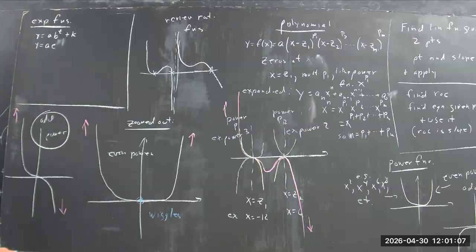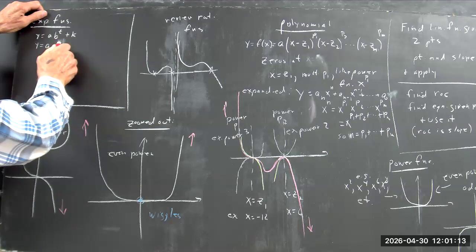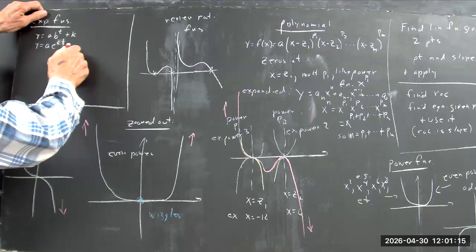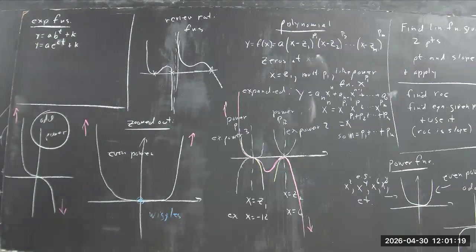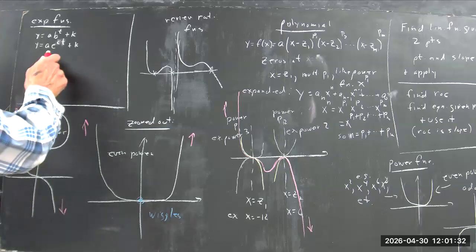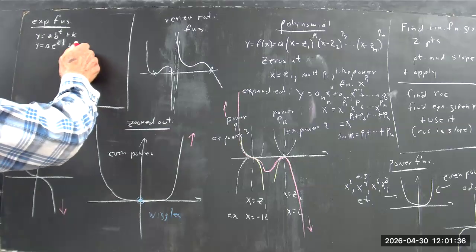We typically use k for the number in front of t, and I'm going to use a c because we also use k with a vertical shift. That's a little bit of an unfortunate coincidence of notation. You look at these two forms, and a e times 2 to the ct plus k is treated in the same manner.